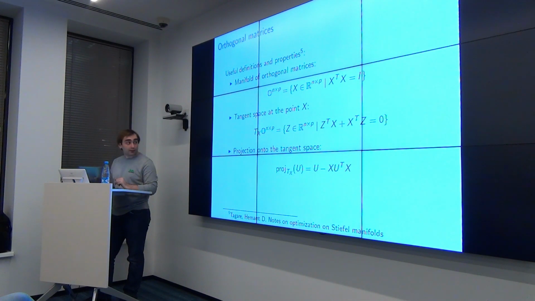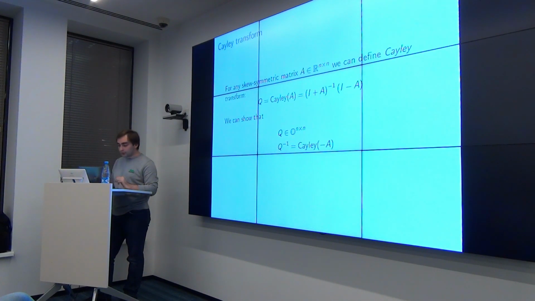Okay, so we will need the Cayley transform. The Cayley transform takes some skew-symmetric matrix, that is, A equals minus A transpose, and we define Cayley of A as such a matrix.